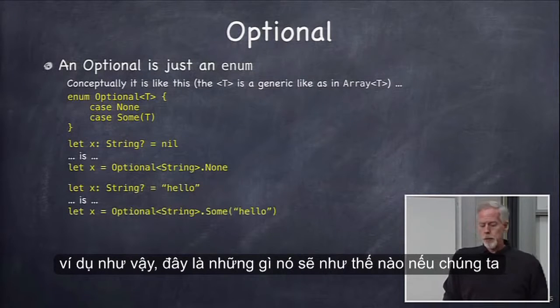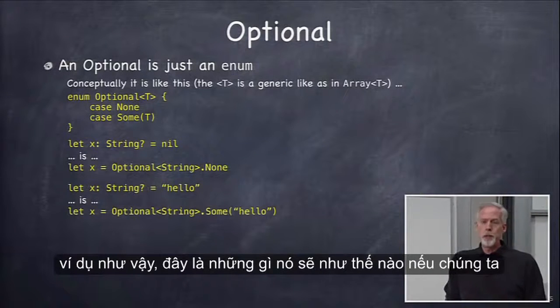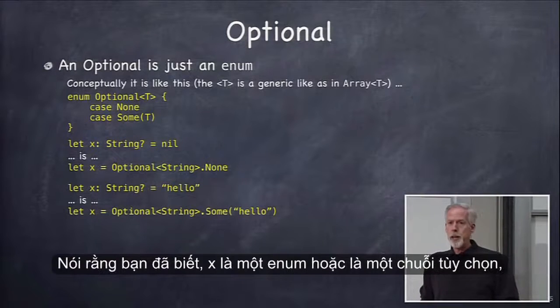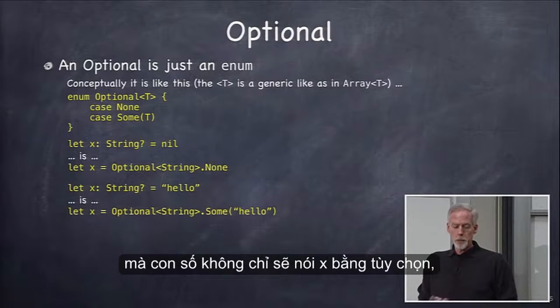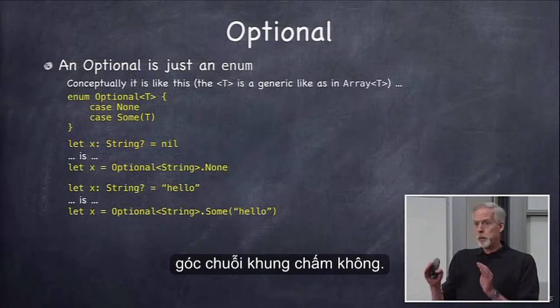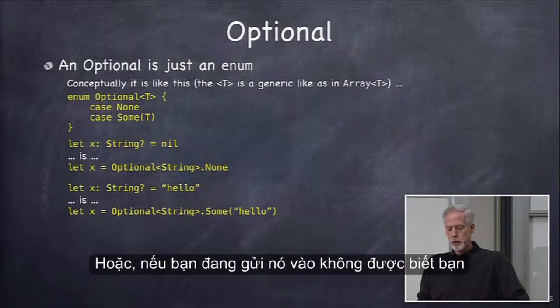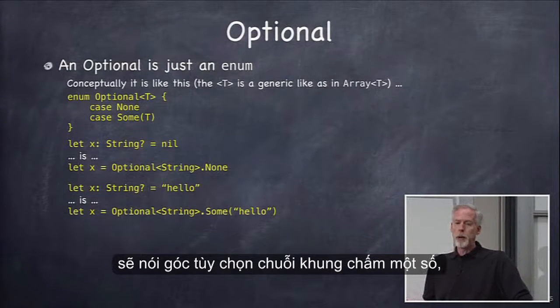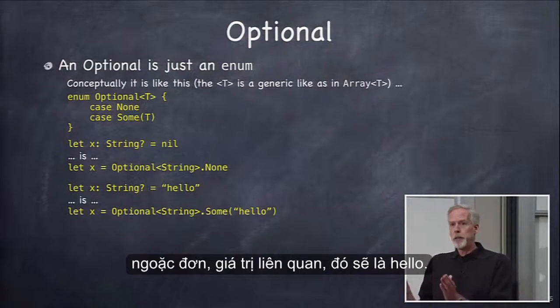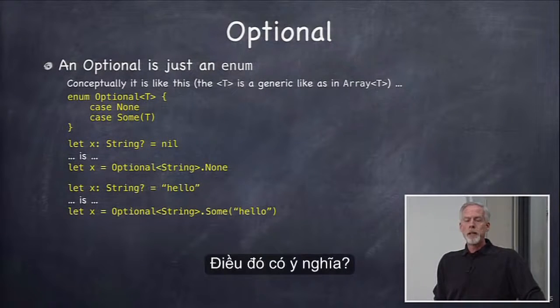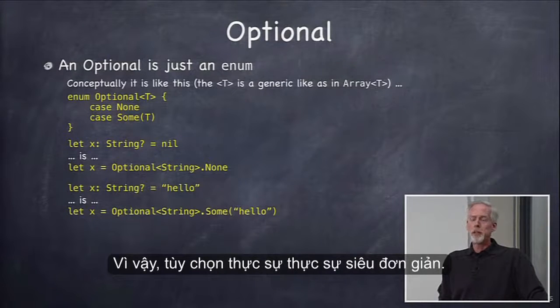And so, for example, this is what it would look like if we used the enum notation to do an optional. Saying x, which is an optional string, equals nil would just be saying x equals Optional angle bracket String dot None. Or if you're setting it to not be none, you would say Optional angle bracket String dot Some, parentheses, the associated value, which would be hello. Does that make sense? So optional is really actually super simple.